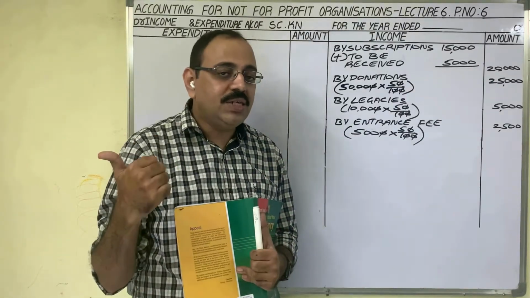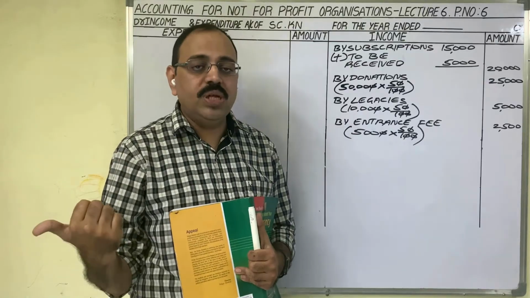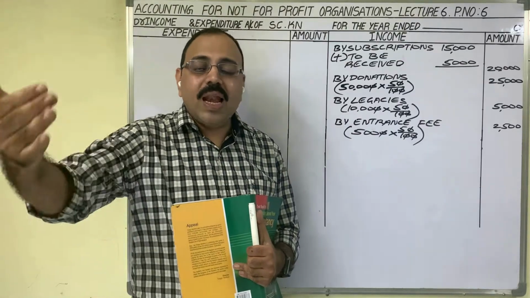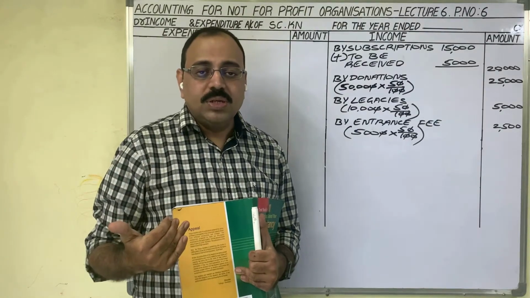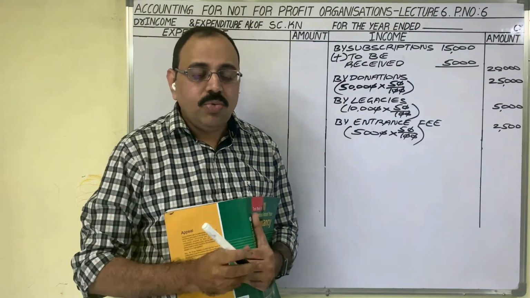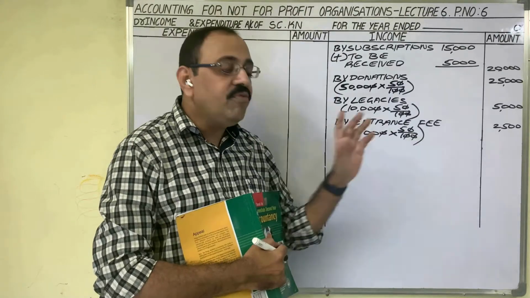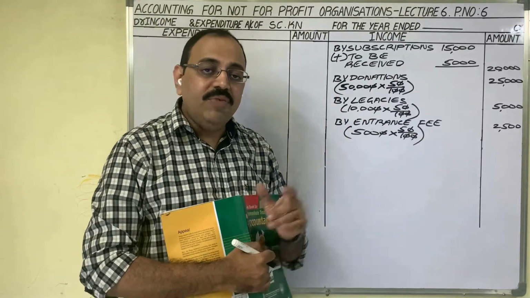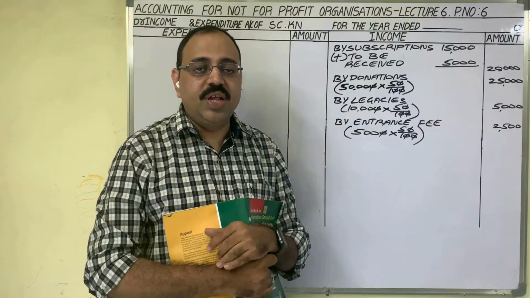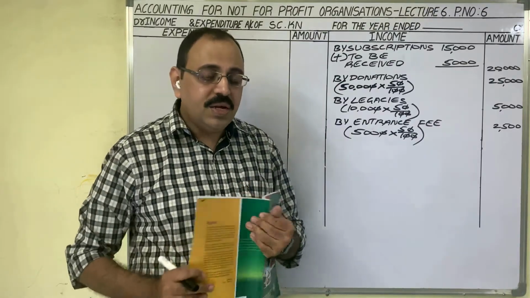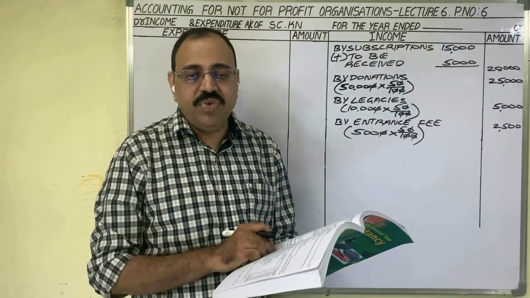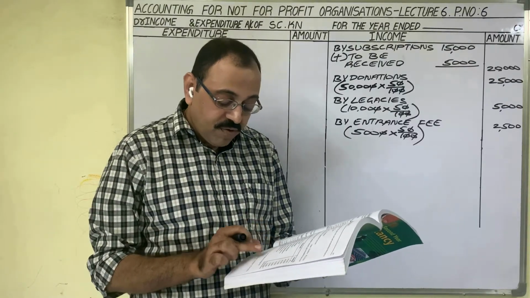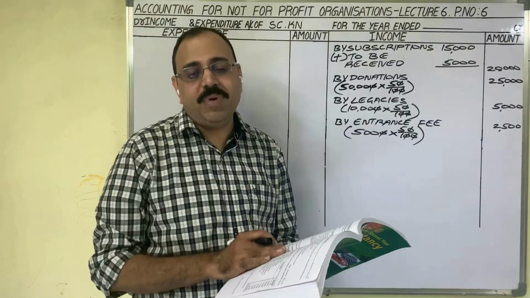Means in the balance sheet, under the liability side, we have to show this amount. Because a lump sum amount is going to come. A huge amount comes. It should be capitalized. So we should not show it on the credit side of this account. But if he gives any instruction, then we should follow. And here the same adjustment is available for life membership fee also. 50% of life membership fee is to be capitalized.